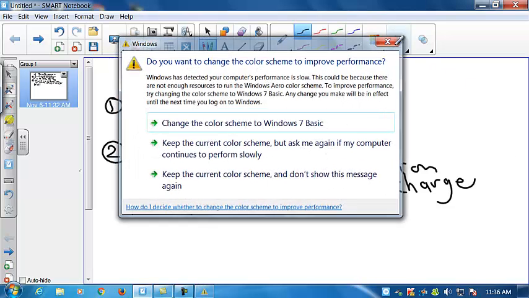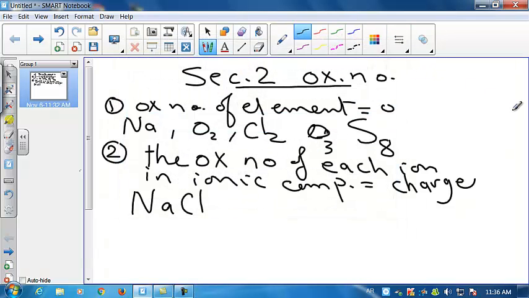Sodium is group 1, so it is metal, and chlorine is non-metal. Cation comes first and then anion. So sodium comes first, so this is the cation, positive, and it is group 1, so it's positive 1. Group 2, charge positive 2.